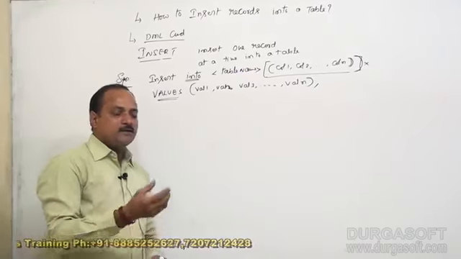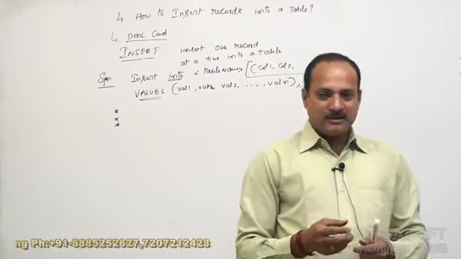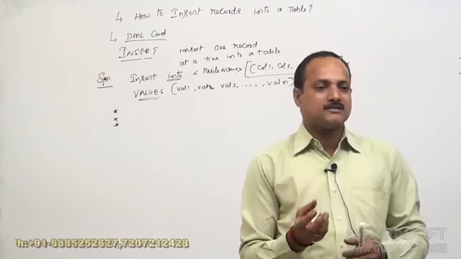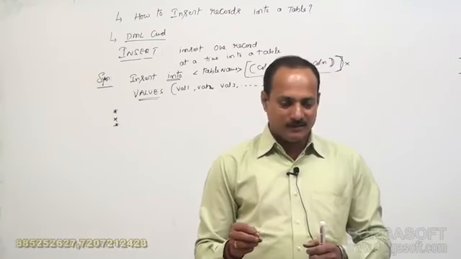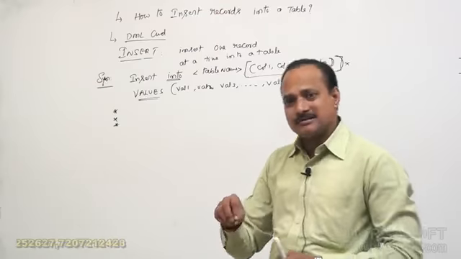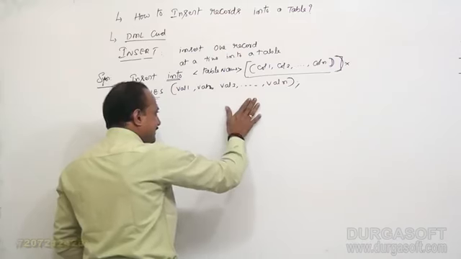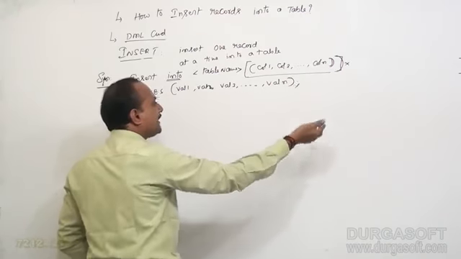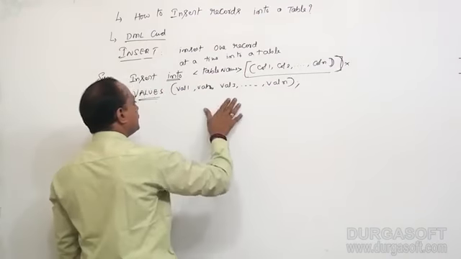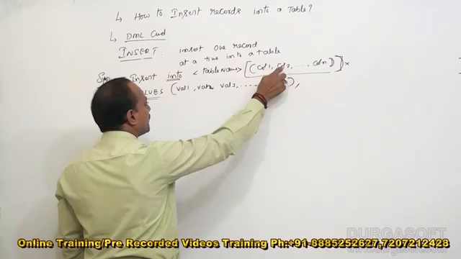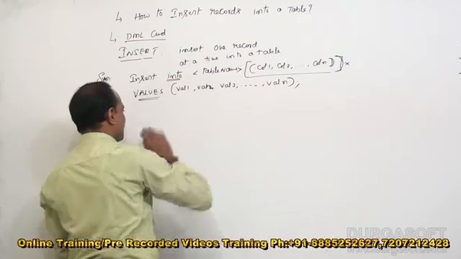Let us say a sample example: the product details table has 9 columns and you are inserting 9 values into the table. If you are inserting 9 values into a 9 column table, then no need to specify the list of columns while using the insert command. Without columns also you can insert.